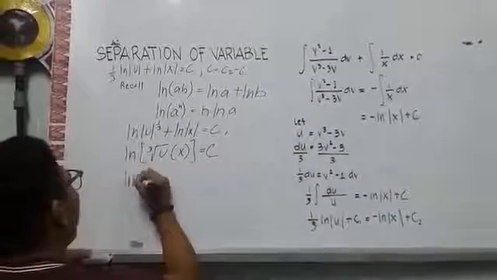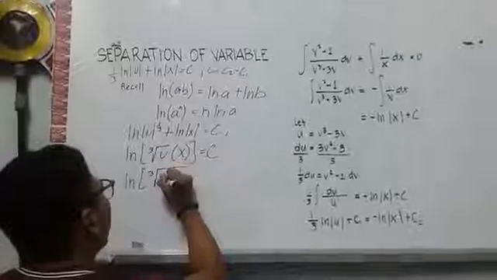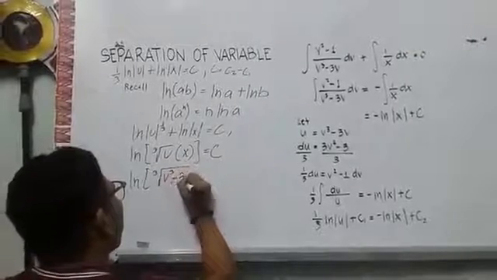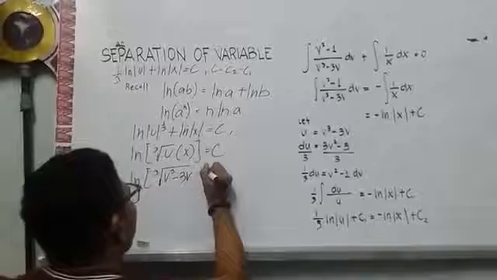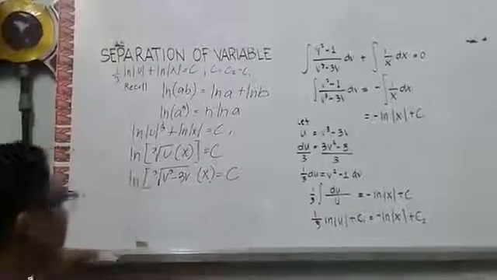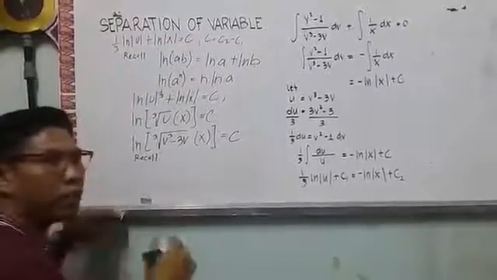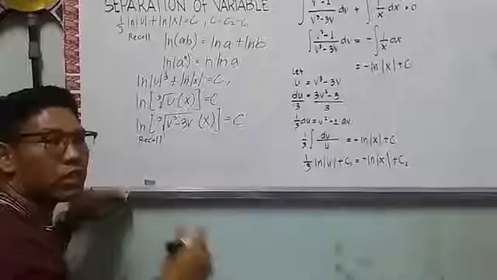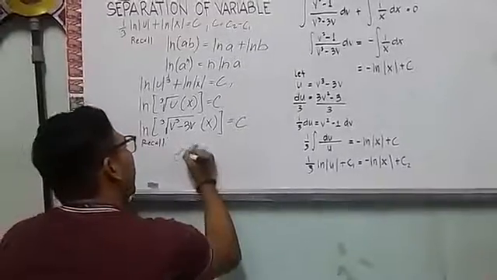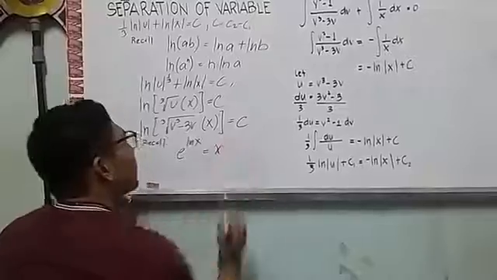We'll come up with ln of cube root of v cubed minus 3v multiplied by x equals c. Then let's recall a property of the natural exponential function, which is e to the power of ln x equals x.